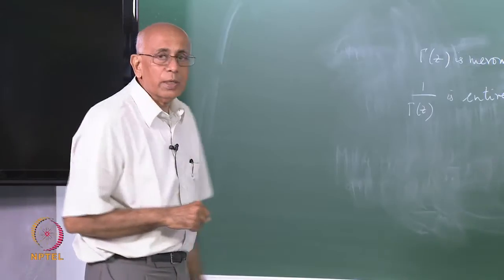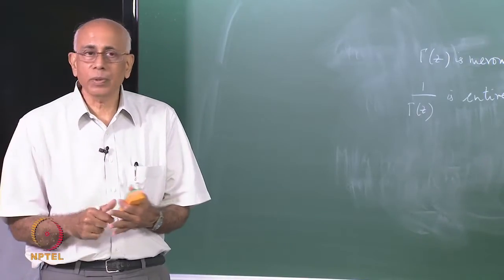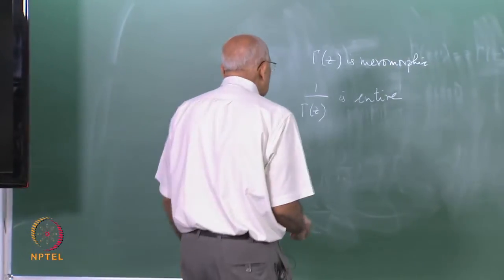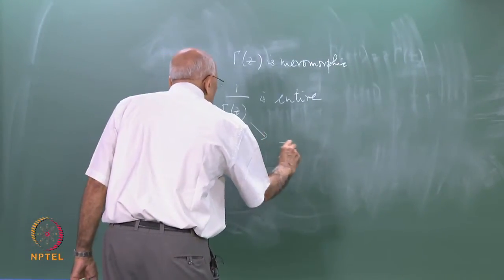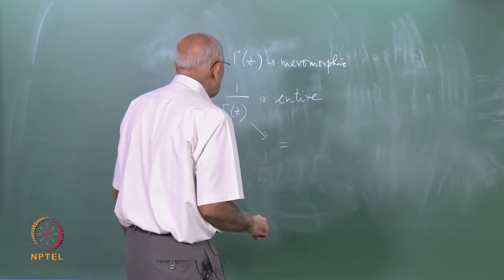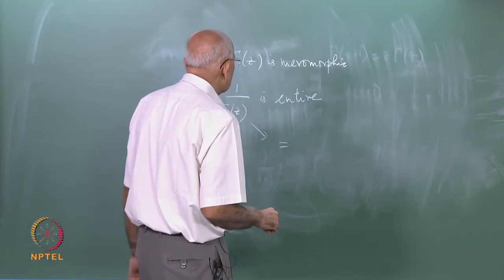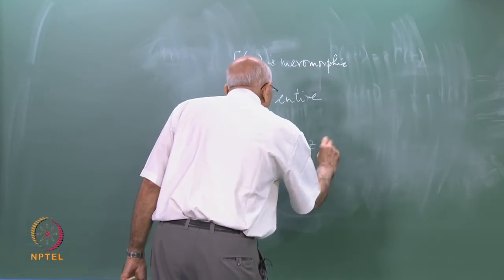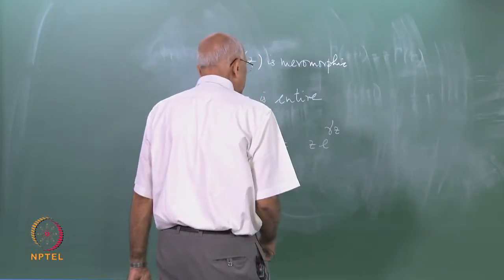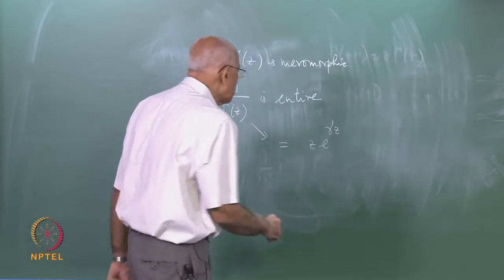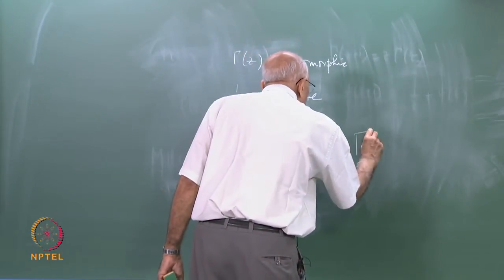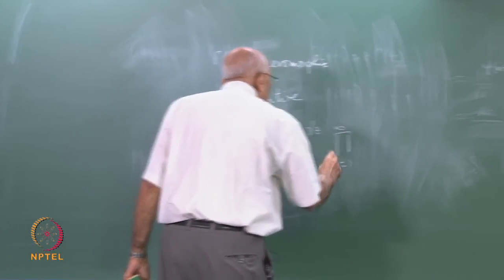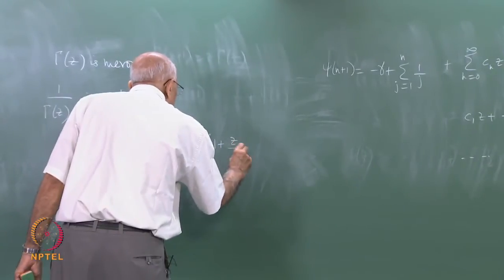There is a representation called the Weierstrass product representation which does precisely this, and in the case of the gamma function this turns out to be equal to, well, let me write it. This is equal to z e to the power gamma z, where gamma is the Euler constant, and then a product n equal to 1 to infinity 1 plus z over n.